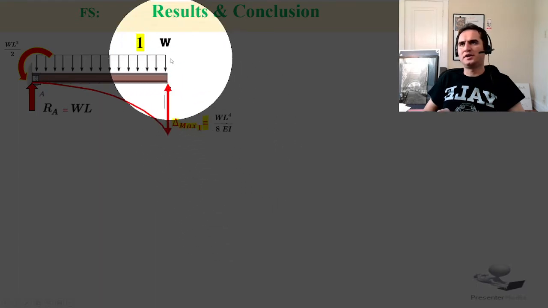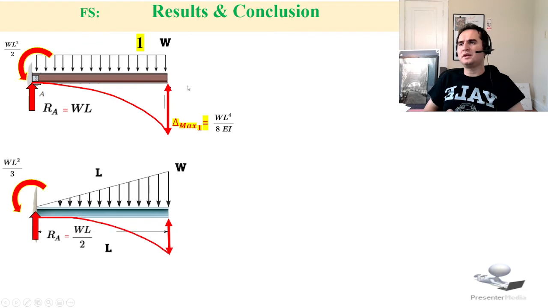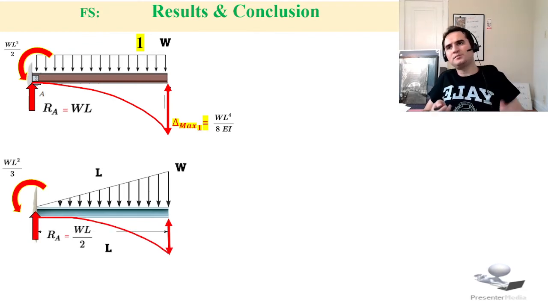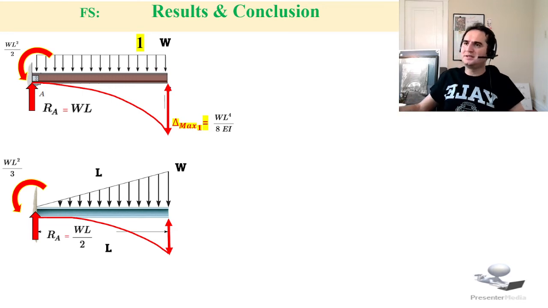over 8 EI. And the second one is the same beam with the bigger chunk of load at the free end, but you need to notice that this time the total amount of load is a half, because if you compare it with scenario one, it's just missing this amount of load.